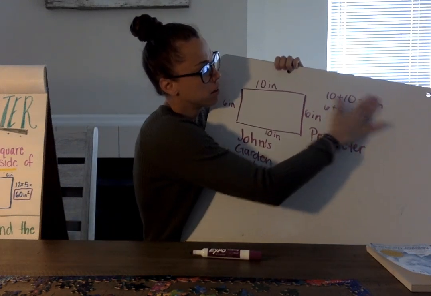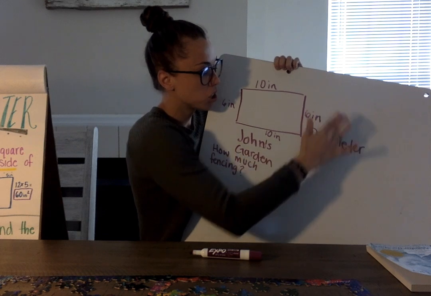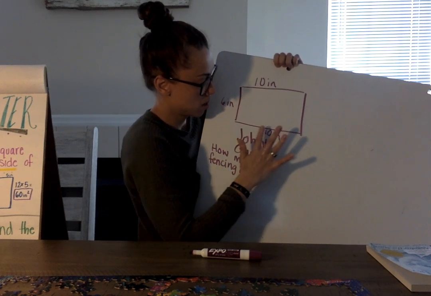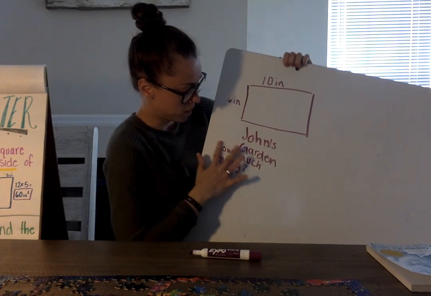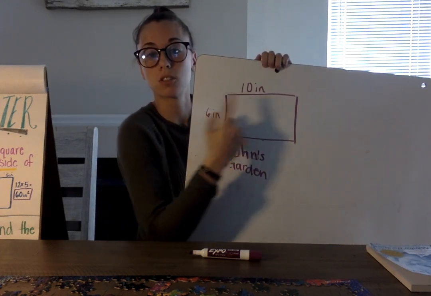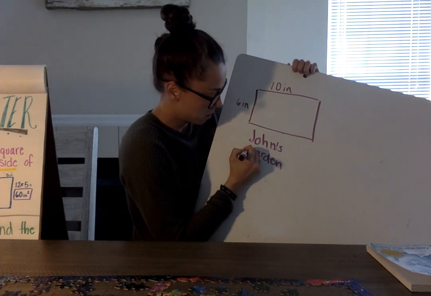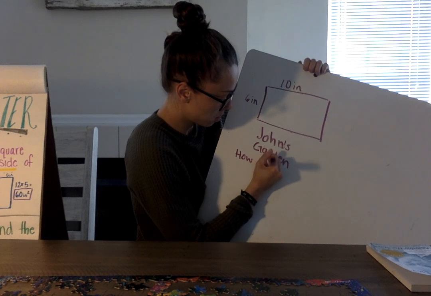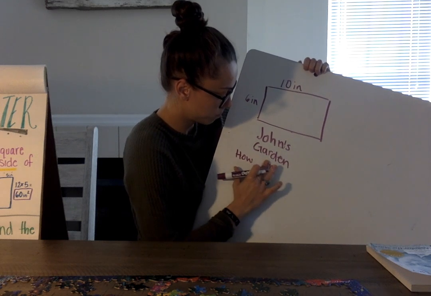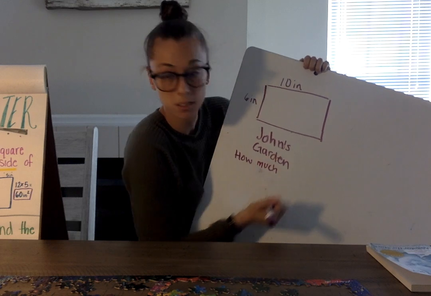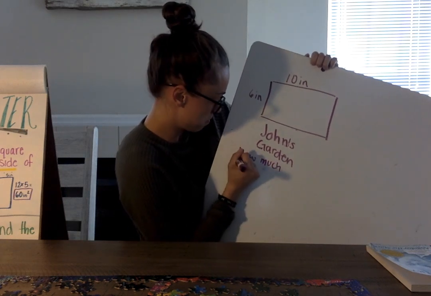But let's say we wanted to know how many plants John could fit in his garden. If we know that John's garden is 6 inches by 10 inches, now we want to answer the question, how much space John has to put plants in.